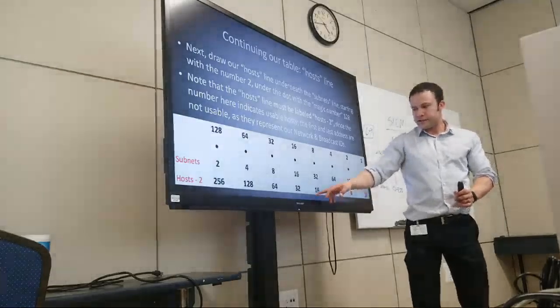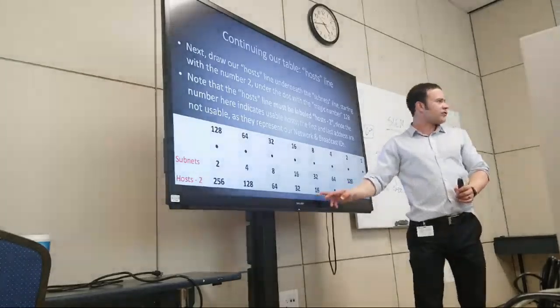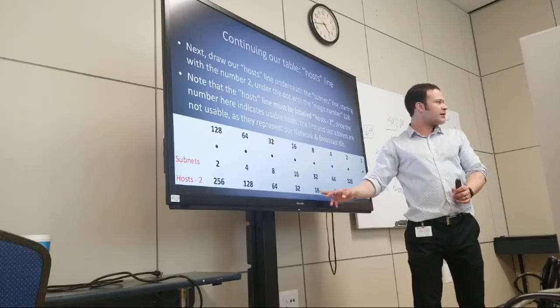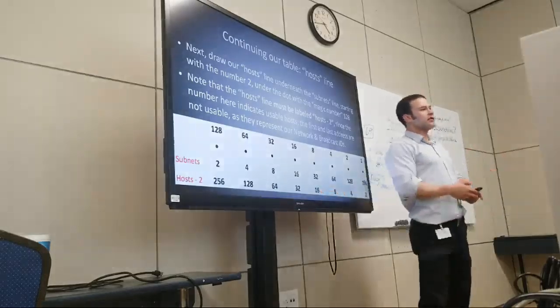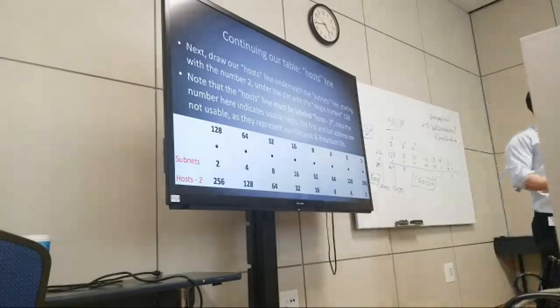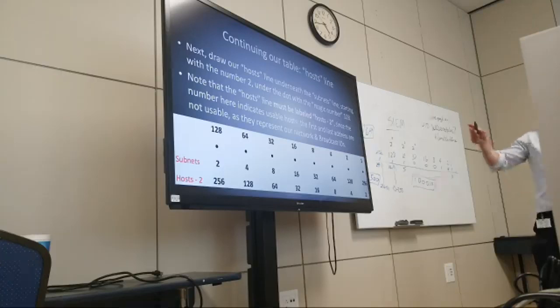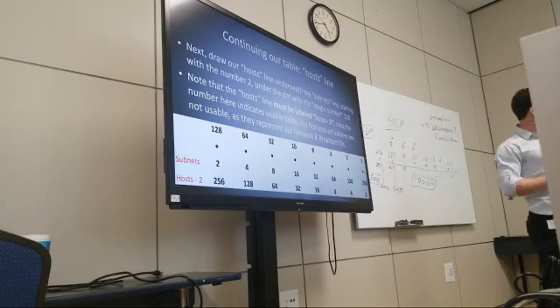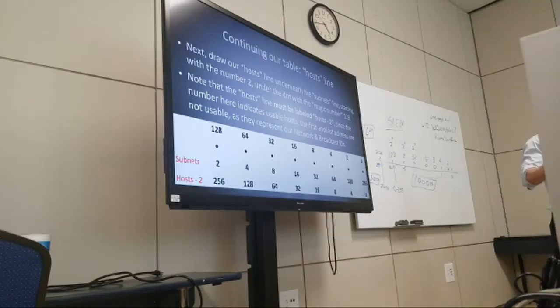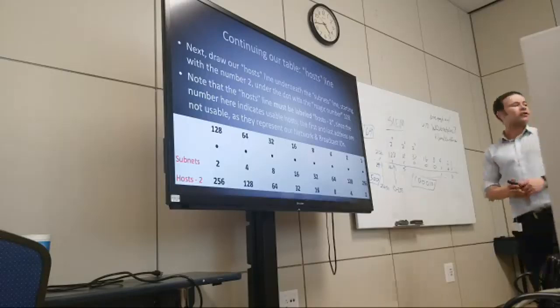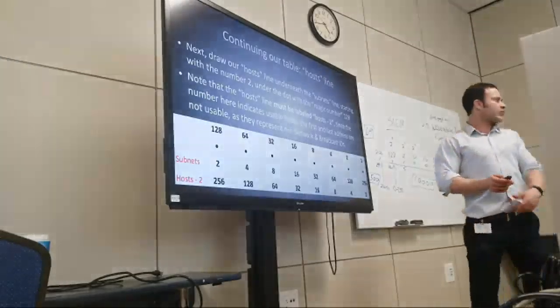But if host here says 16, that actually is going to be 14 hosts, because the first host refers to the network, and the last host refers to the broadcast address. So that's very important. The number -2 indicates usable hosts, whereas the full number indicates total hosts, including the network and broadcast.